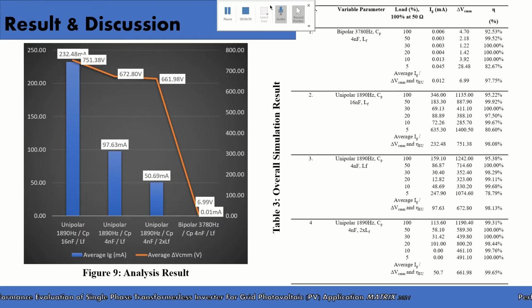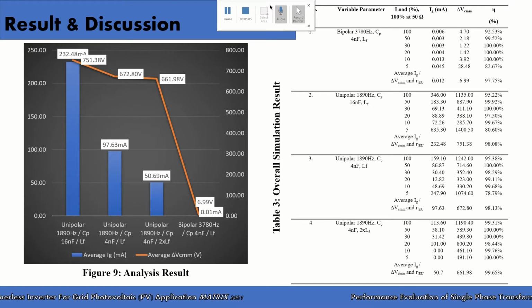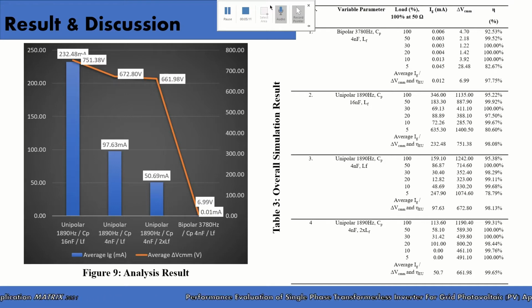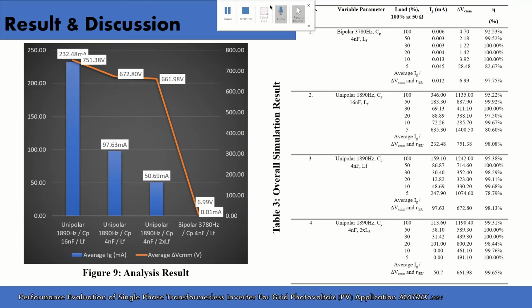So the results are as follows. Based on Table 3, the comparison graph of average leakage current IG and common mode voltage changes for each variable parameter is shown in figure 9.